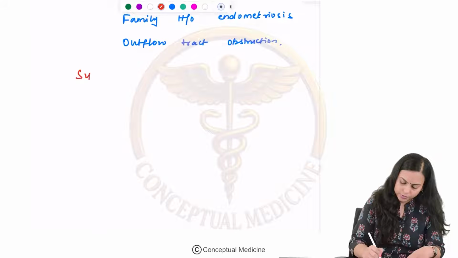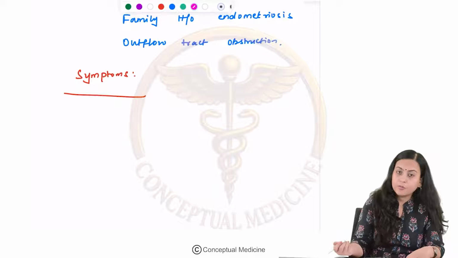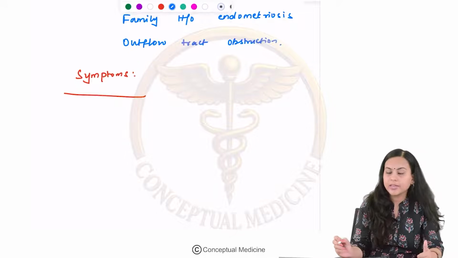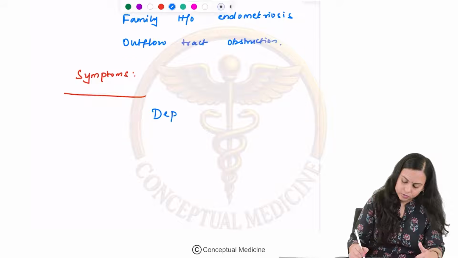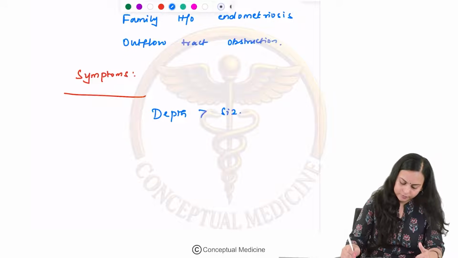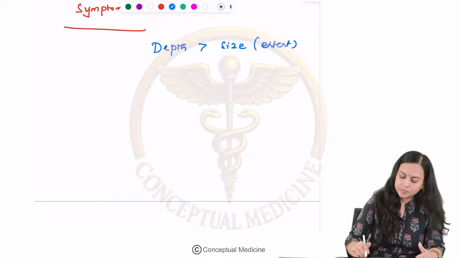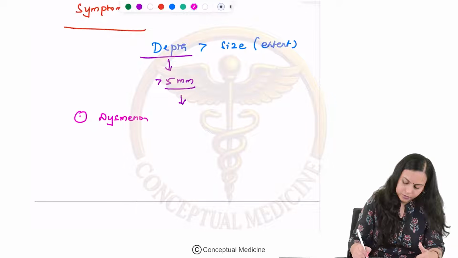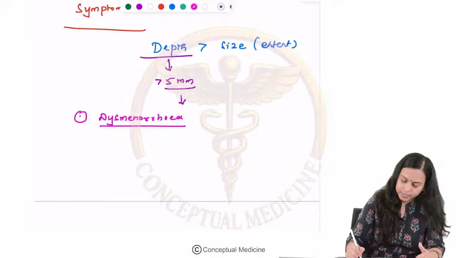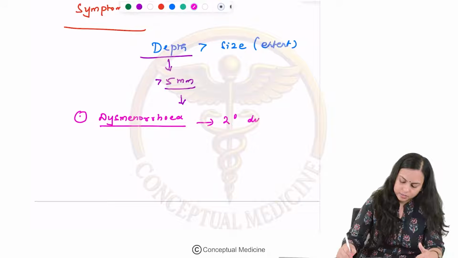Symptoms of endometriosis depend more upon how deep the endometriosis has gone than on the size or extent of the endometriosis. When the depth is more than 5 millimeter, it can lead to symptoms like dysmenorrhea, which is a secondary dysmenorrhea.